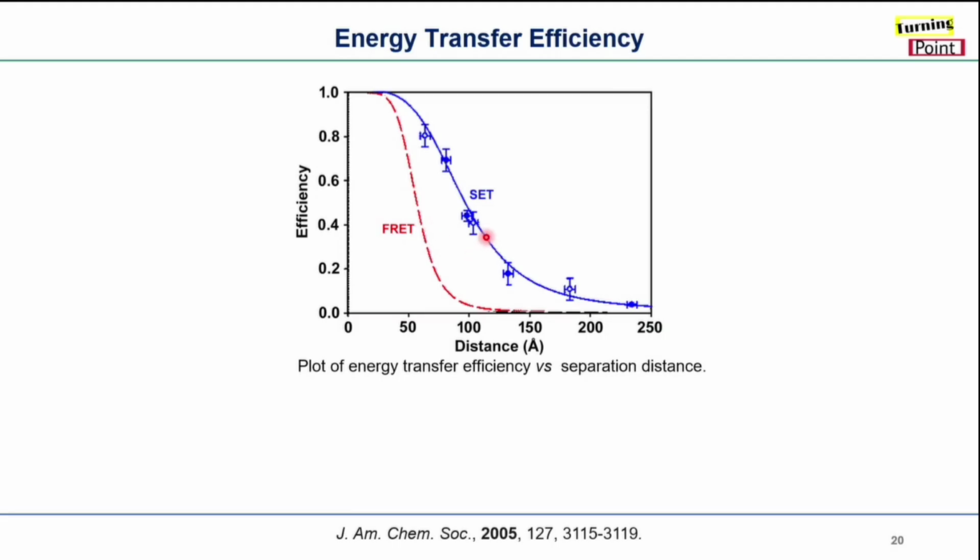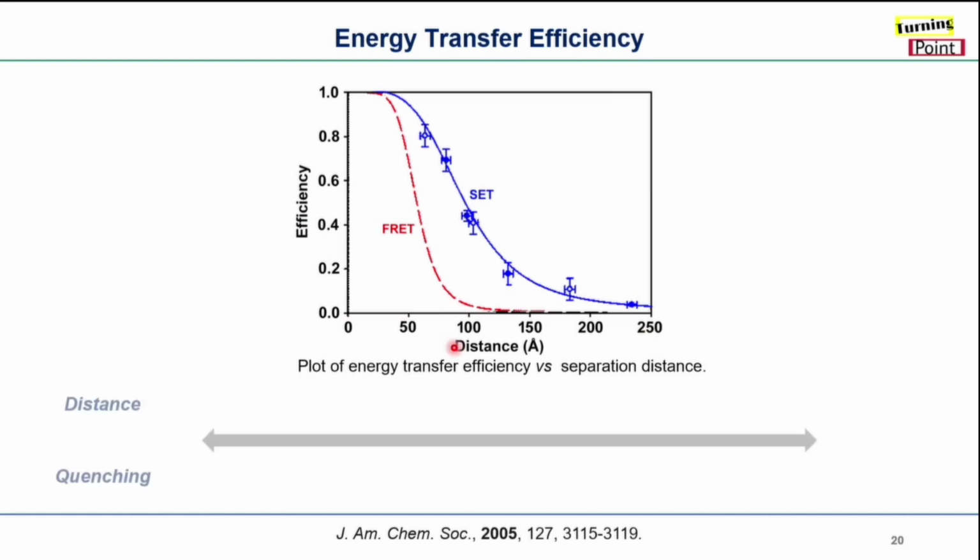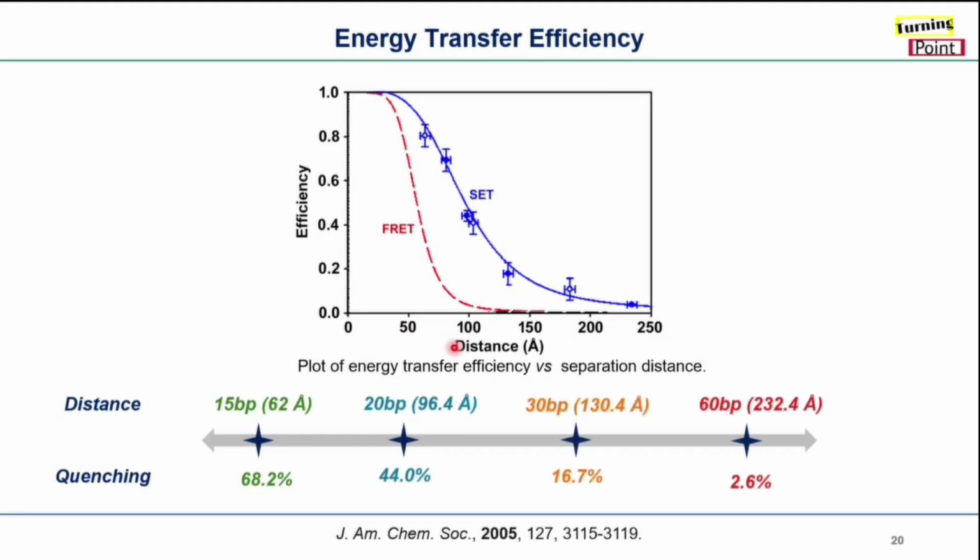In contrast, the solid curve represents nanosurface energy transfer, which follows a 1 over d^4 distance dependency and decays more gradually. This clearly shows that nanosurface energy transfer operates over longer distances compared to resonance energy transfer. Experimentally, they varied the DNA lengths to control distances, increasing from 15, 20, 30, and 60 base pairs. We can see the quenching efficiency.